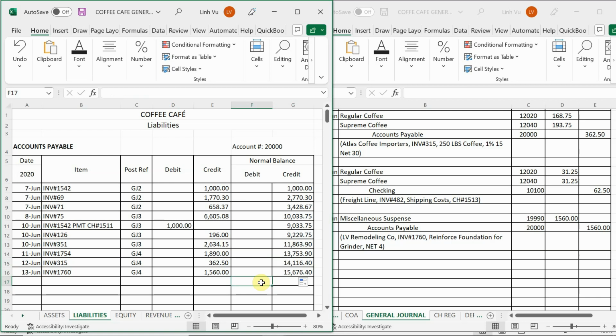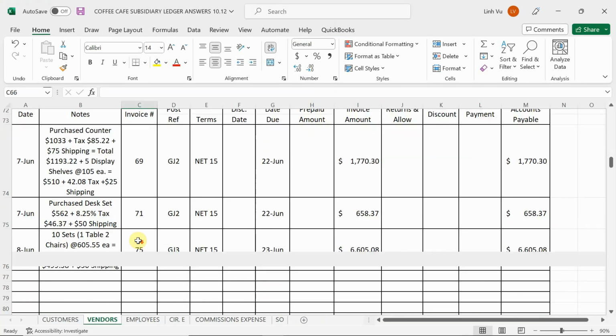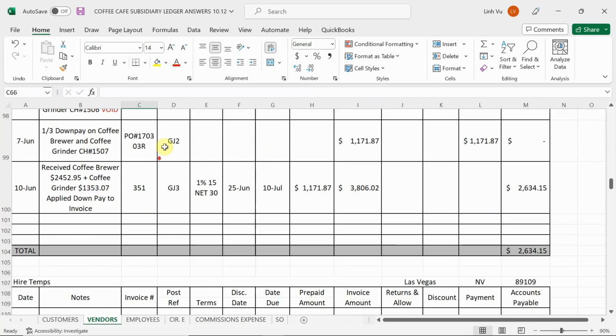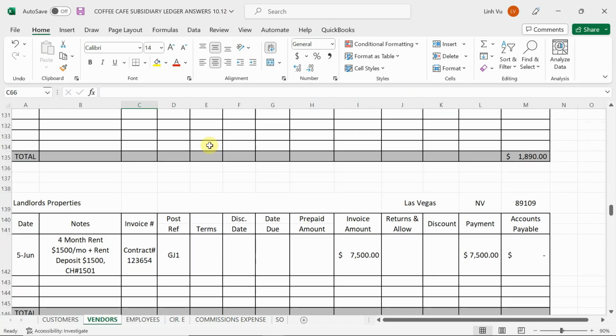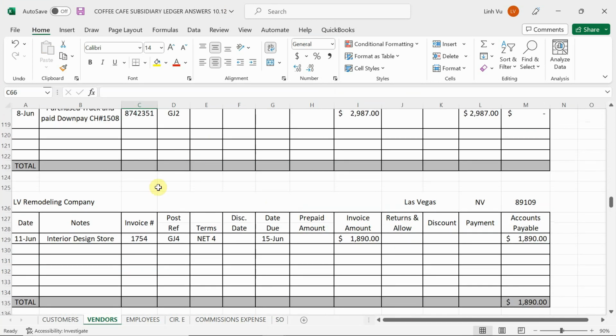Now we need to pop the information into our subsidiary ledger because now we owe LV Remodeling more money. Okay? So LV Remodeling Company. Here we are, LV Remodeling.